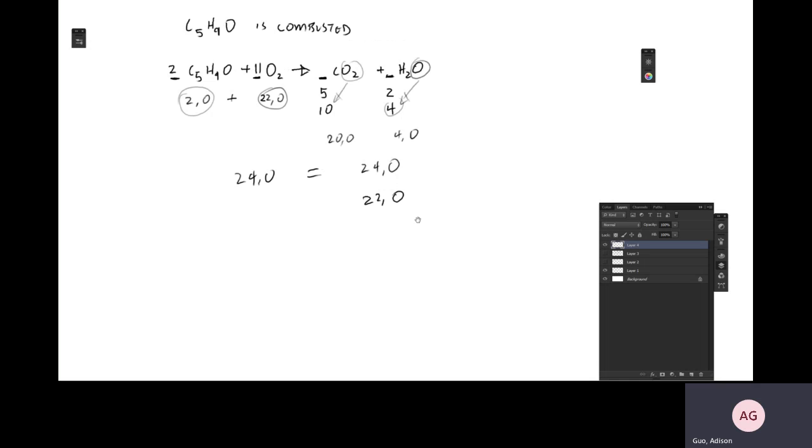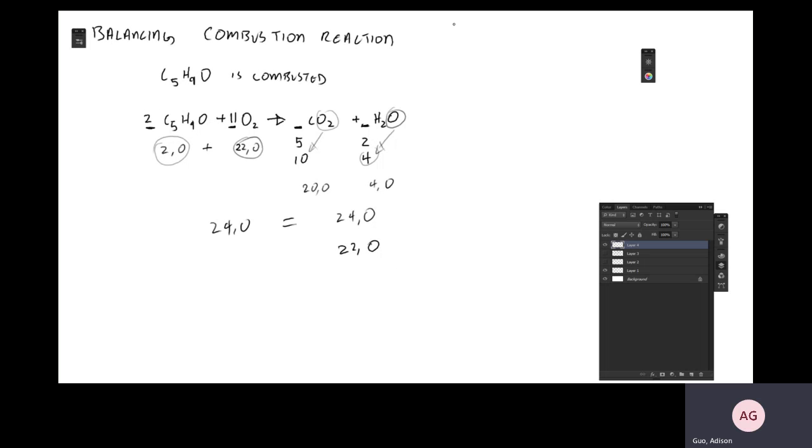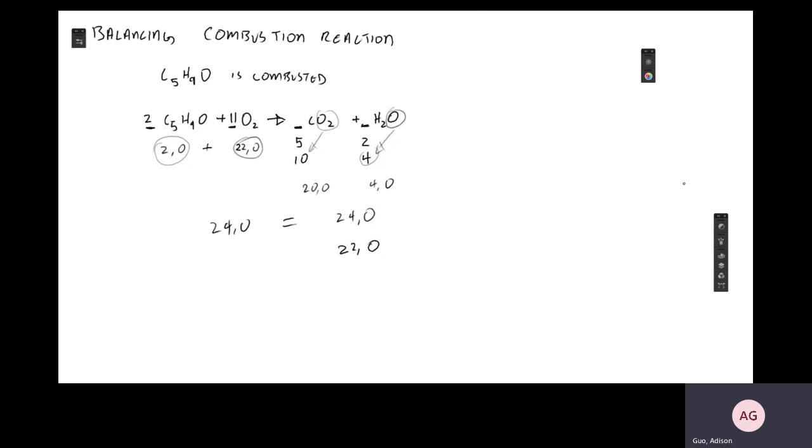Okay, now I'm just going to go ahead and rewrite this reaction, make it a little bit neater. So we're going to have 2 of this compound. It probably has a name, but for now, you could also use your covalent naming conventions and call this your pentacarbon tetrahydrogen monoxide.